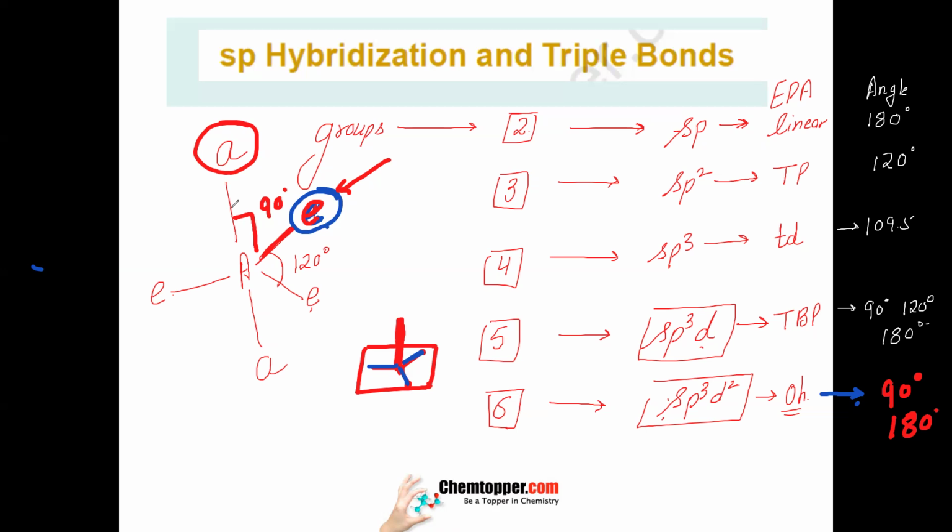A is axial. Can you type, Veer? A for axial and E for equatorial. So that's the complete story. Now we are ready for making Lewis dot structures and answering these questions.